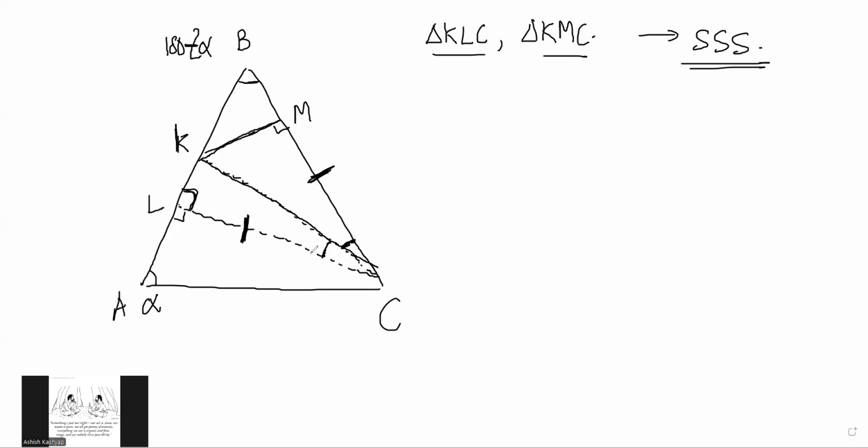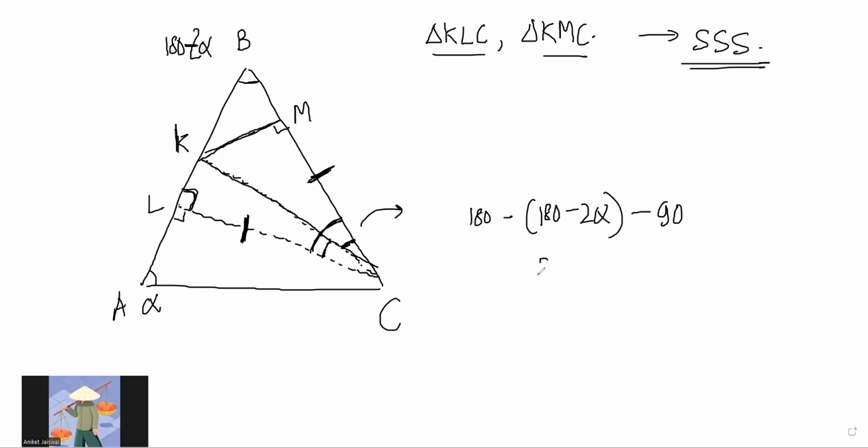then this total thing is going to be 180 minus 2 alpha minus 90, right? So 2 alpha minus 90. So these parts are alpha minus 45, alpha minus 45.